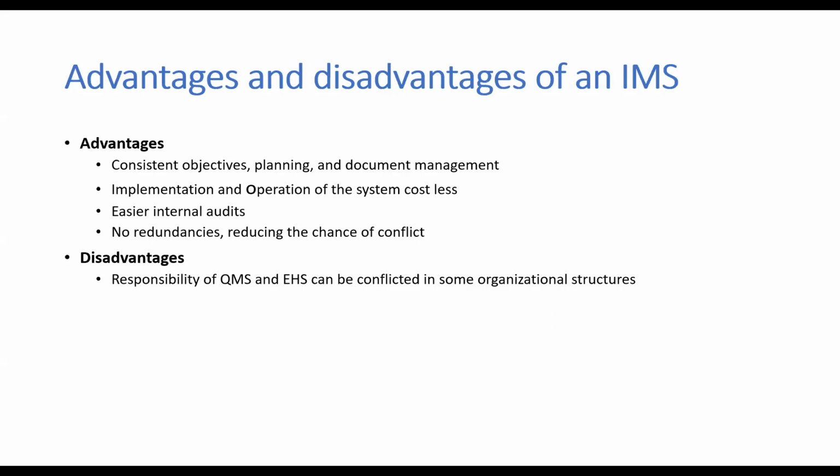Because you will say that we have one authority, for example an IMS manager or an HSE manager, who is responsible for everything. Whenever you need any discussion, suggestion, or recommendation for the improvement of the management system, you should go to this person. For example, you can declare one manager as the IMS management representative.